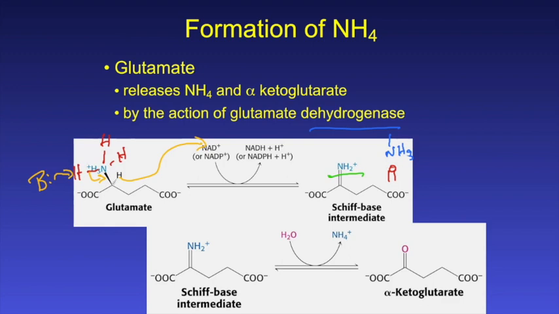So when you break a Schiff's base with water, you get a ketone at the bottom, and then you have a free amine falling off. This is the one in which we release the poisonous ammonium ion. And so we control when this one actually reacts.